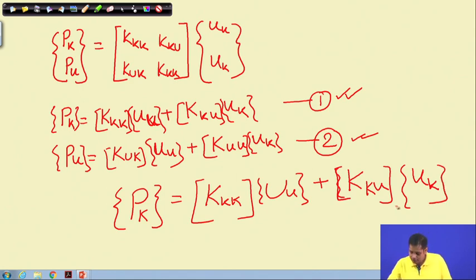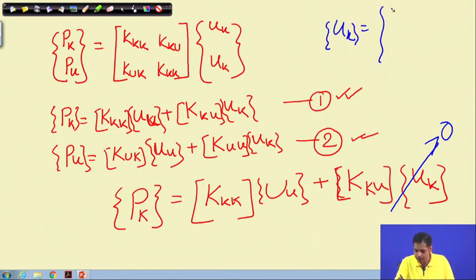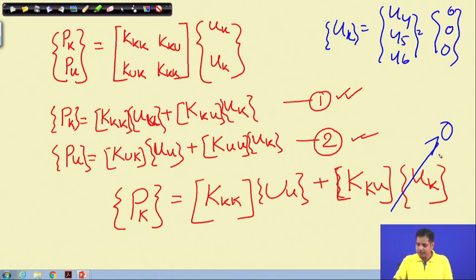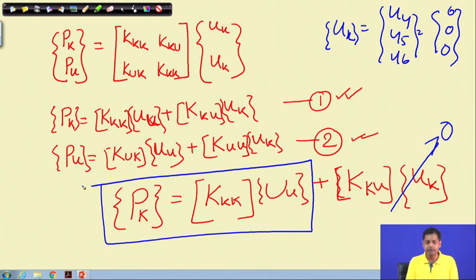Now, in this we have already seen that this is equal to 0, because U_k, if you remember, is U4, U5 and U6, which are 0, 0, 0. So, if it is this, then essentially we are left with this expression.